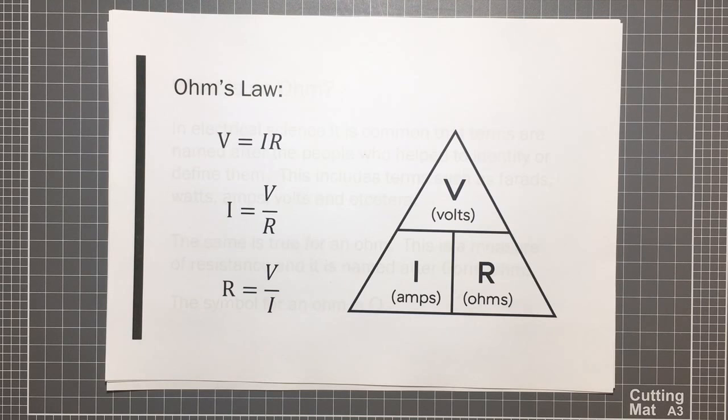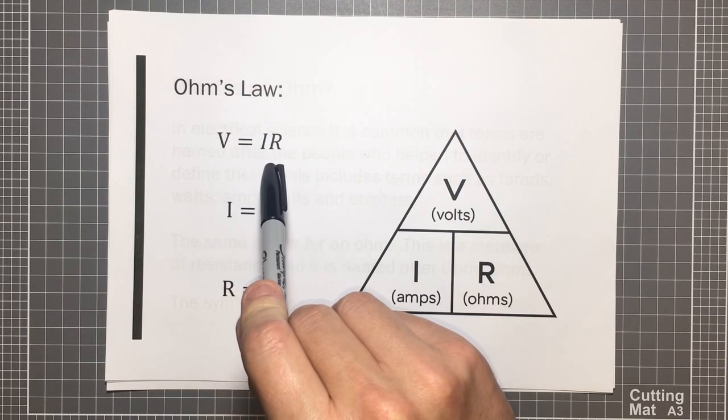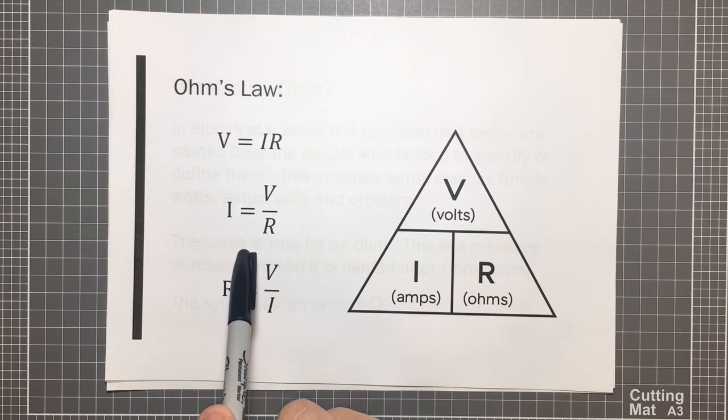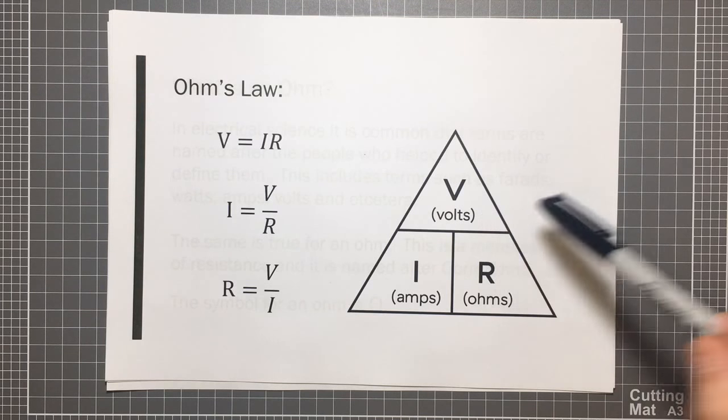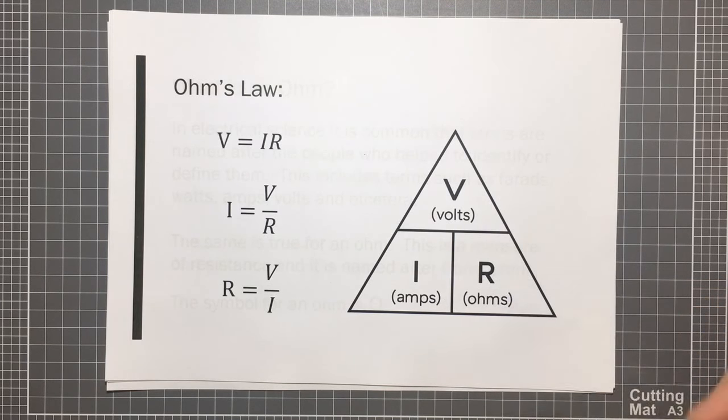The three variants are that you've got V equals I times R, I equals V over R, and R equals V over I. Also, if you're that way inclined, you can go for the magic triangle: V, I, and R. All you need to do is cover up the one that you're looking for.